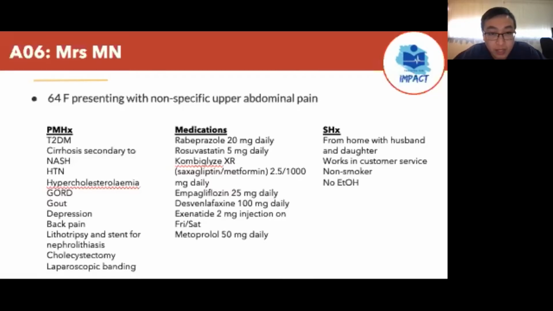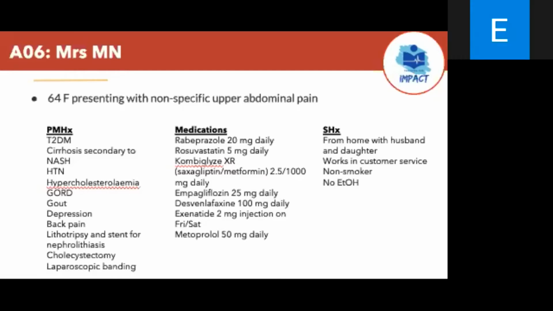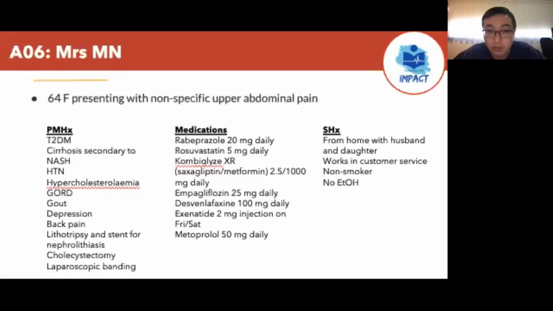I also want to point out that this patient is cirrhotic, and someone commented on this previously as well. We grade cirrhosis based on the Child-Pugh classification system. We don't actually have information about how severe the cirrhosis is at the moment.